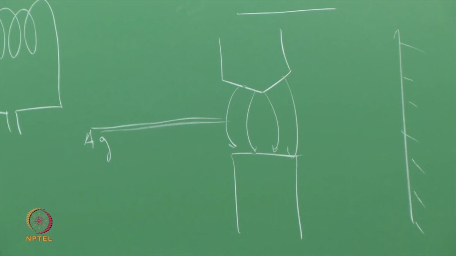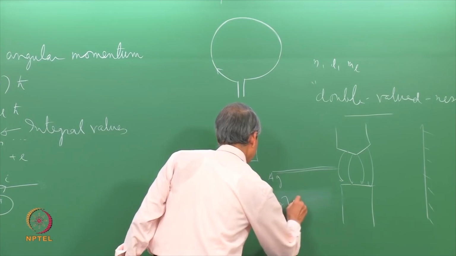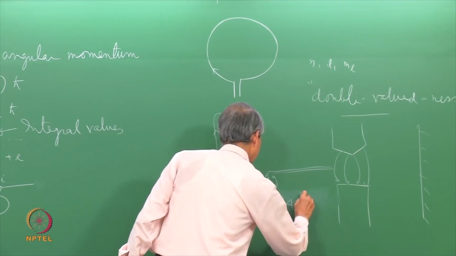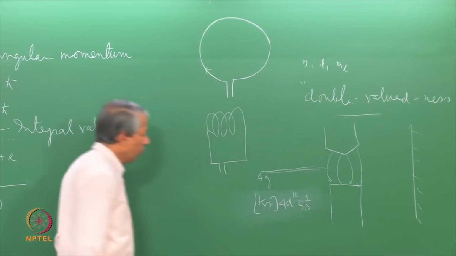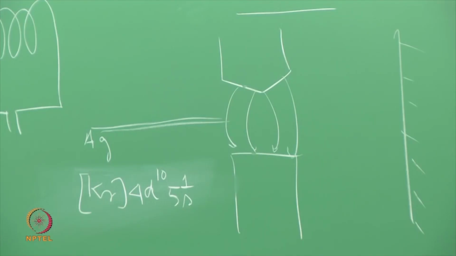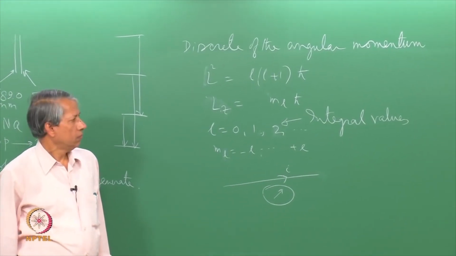Silver atom is known to have this electronic configuration, 4d10 5s1. So, naturally, according to this model, it does not have any angular momentum.